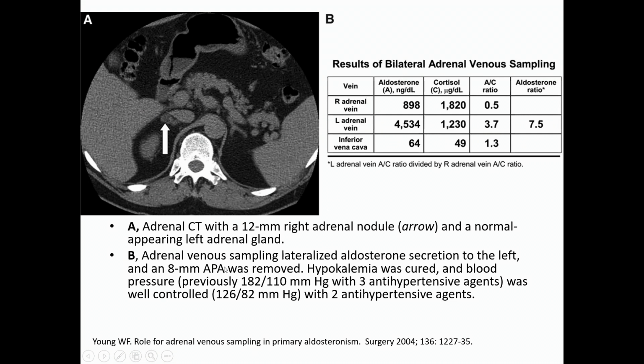And then the patient had the left adrenal gland removed, and the hypokalemia and hypertension were significantly improved after surgery. Even though the initial imaging pointed to something on the right side, the adrenal vein sampling localized a left-sided lesion, and the patient proceeded to a left-sided adrenalectomy.